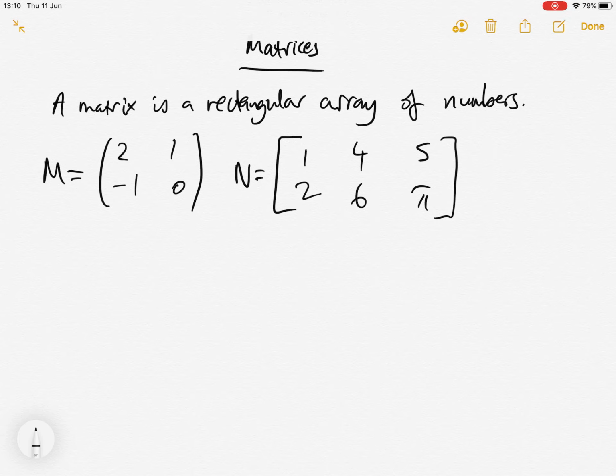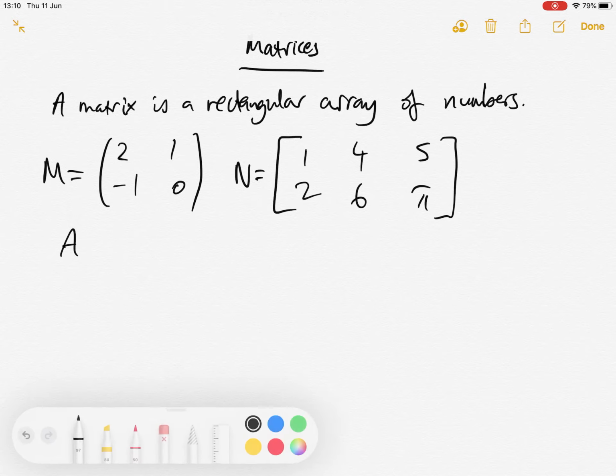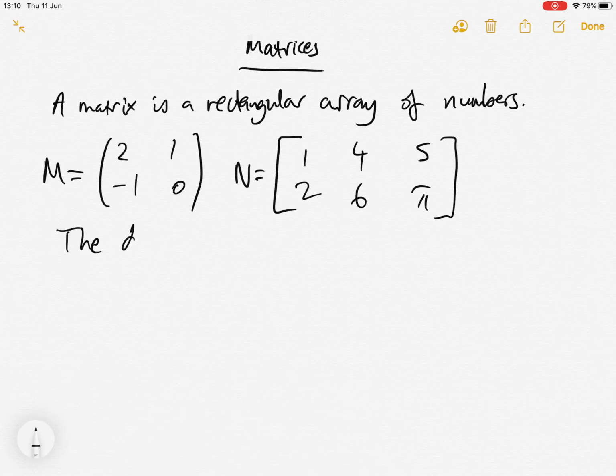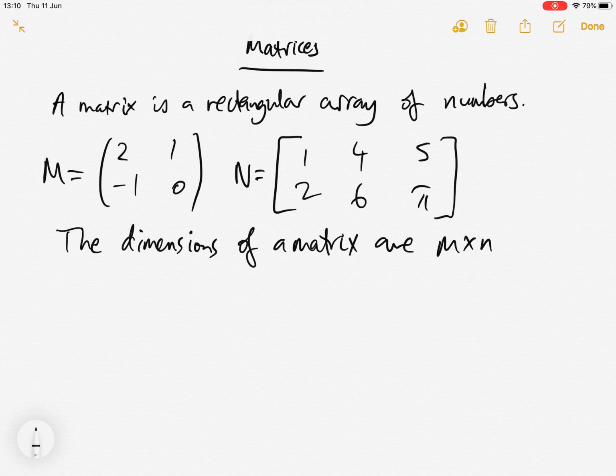And a matrix has dimensions. The dimensions of a matrix are m by n if it has m rows and n columns.